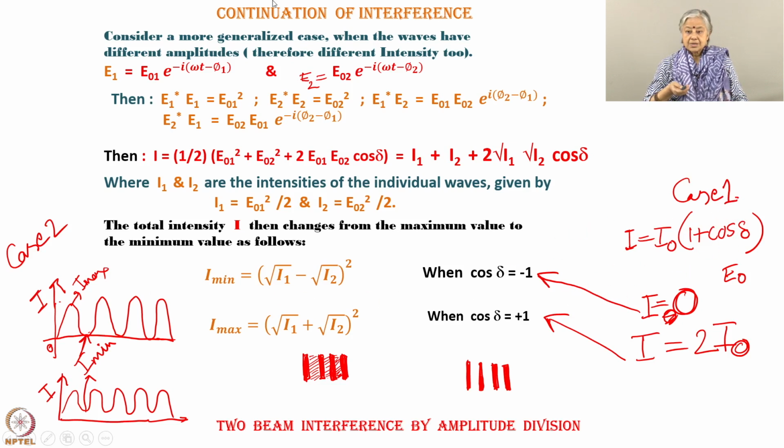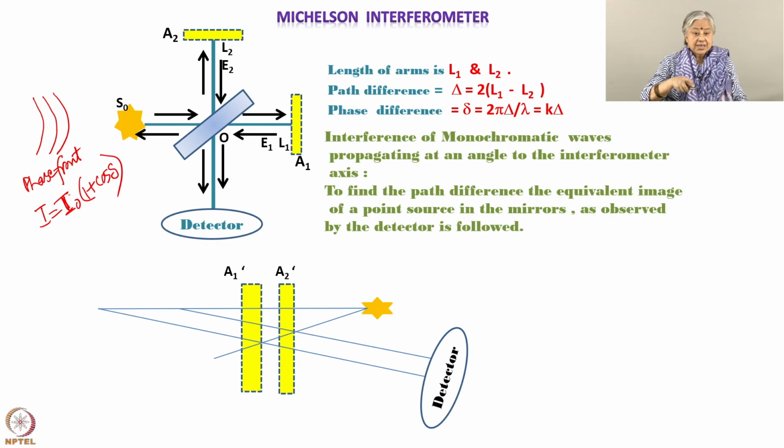So, from this phase, I want to make some judgment about the intensity that this detector is seeing. Depending on the changes in delta, I will get the changes in I, exactly as I have described before. So, that is what this detector will detect.